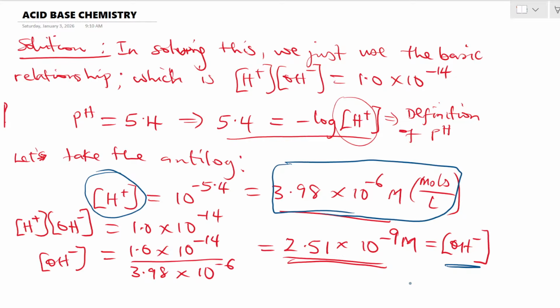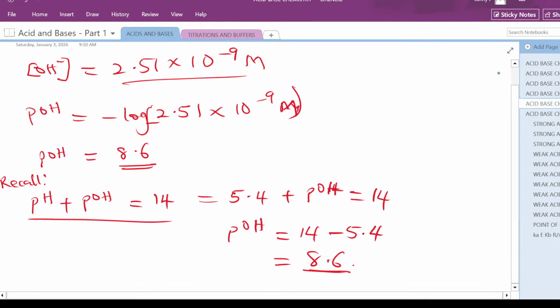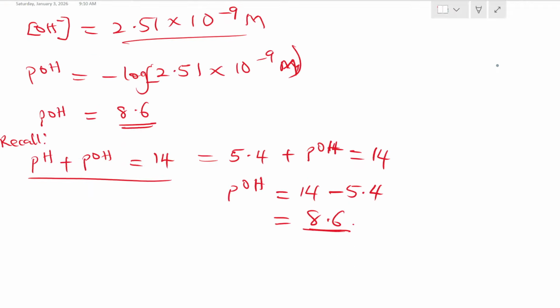Now if we look at the next page, to get your hydroxide ion concentration, that is what it gives you by the time you do that division.